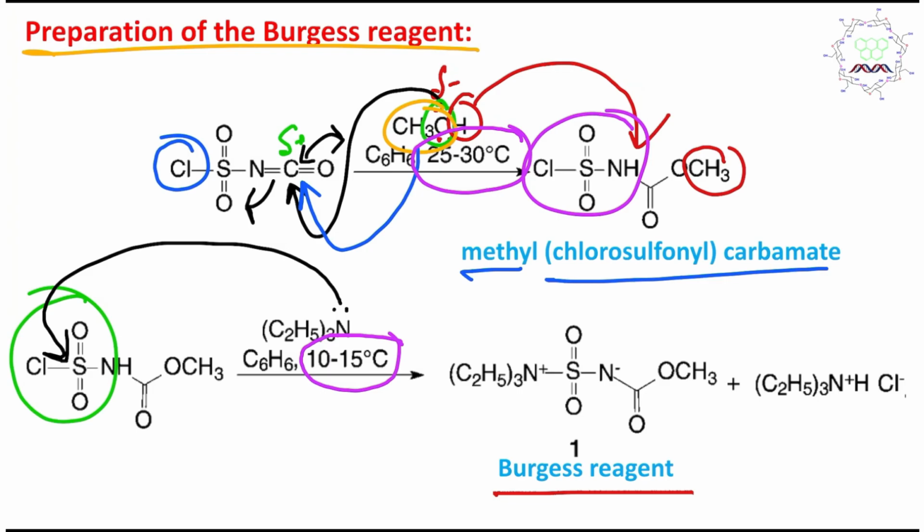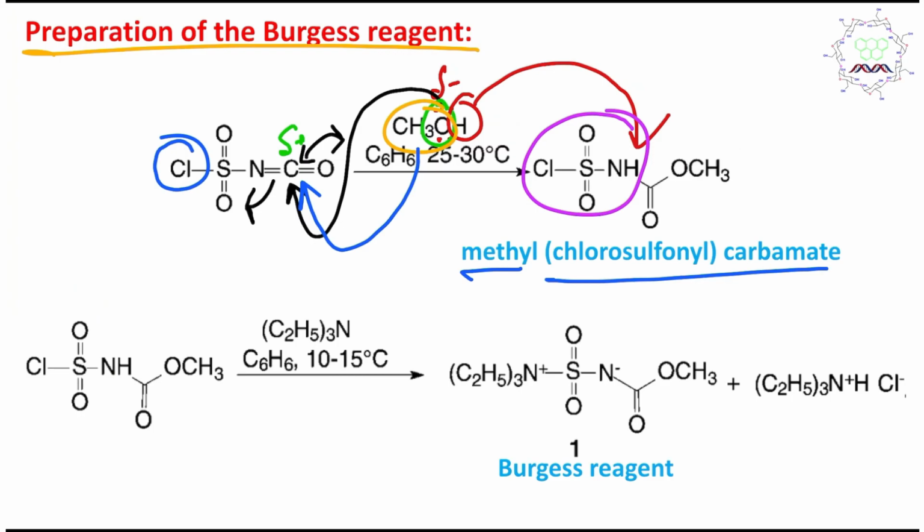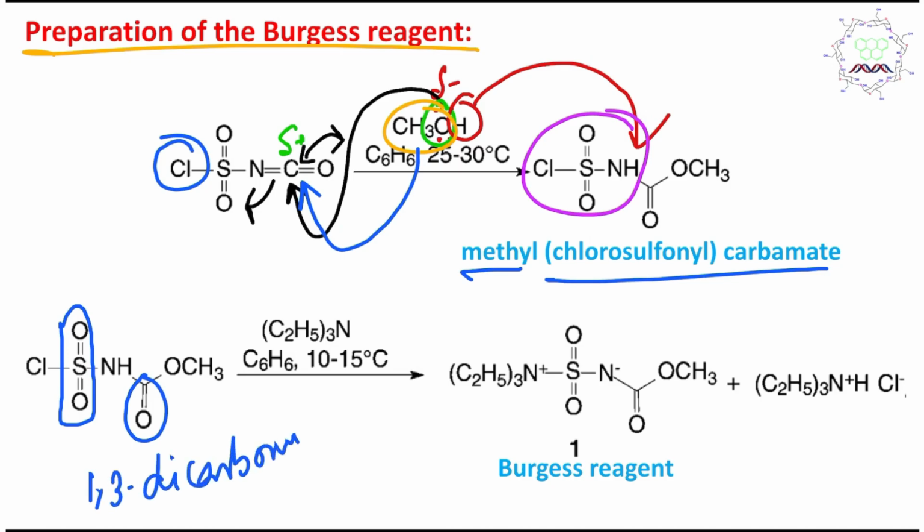Now you can think that, wow, nucleophilic attack happened, but why is the negative charge here? That's the question. So actually if you look at this NH, students, let me clearly show it. This nitrogen is in between two sulfur-oxygen double bonds and one carbon-oxygen double bond. So you may consider it like an active methylene or 1,3-dicarbonyl type.